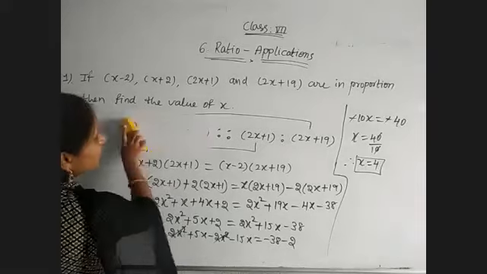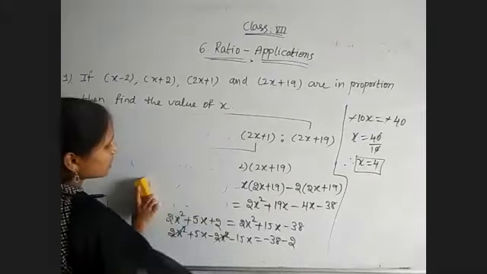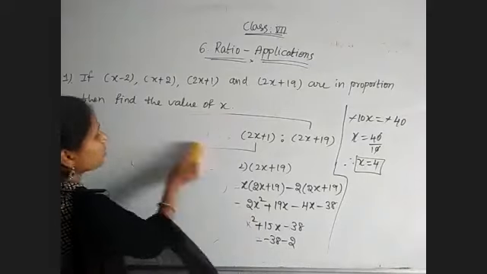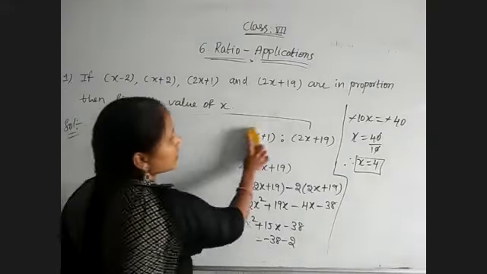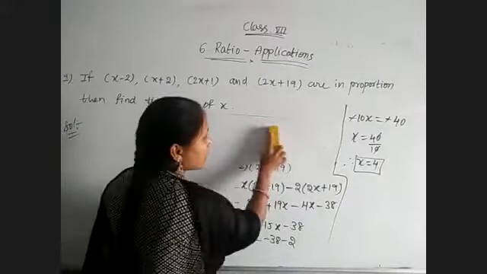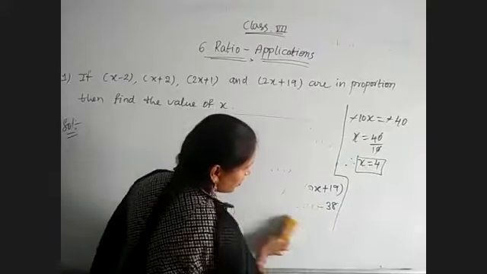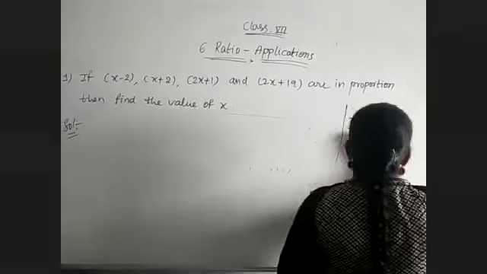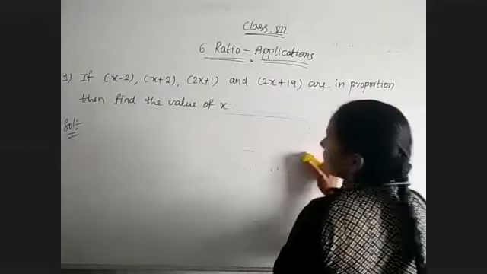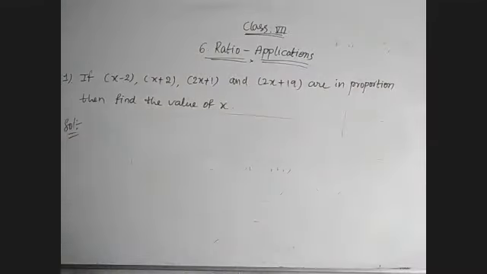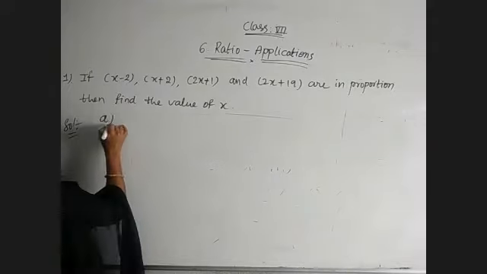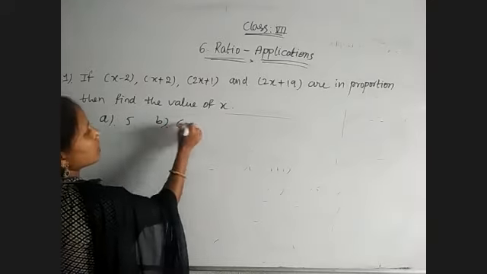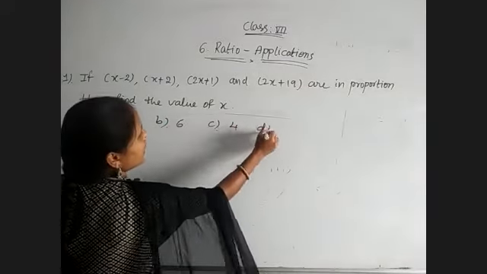So for this question, if we have the options, instead of simplification, we can go through with substitution. That is called the trial and error method. Observe this. If the options are given like this: A) 5, B) 6, C) 4, D) 7.